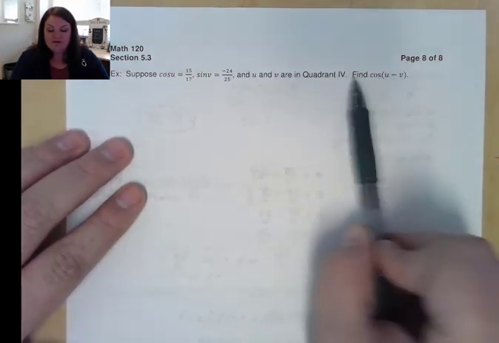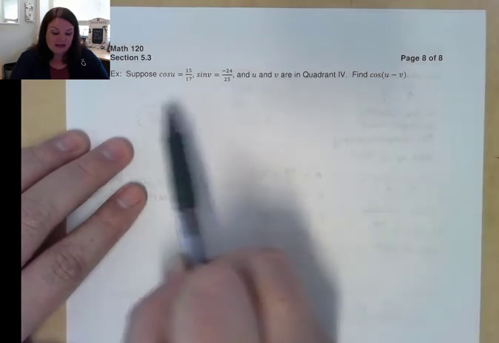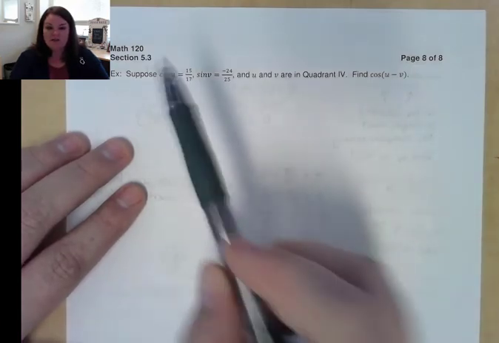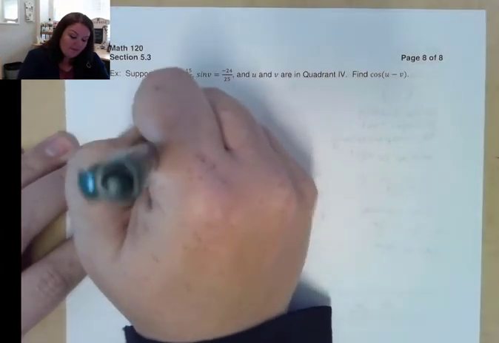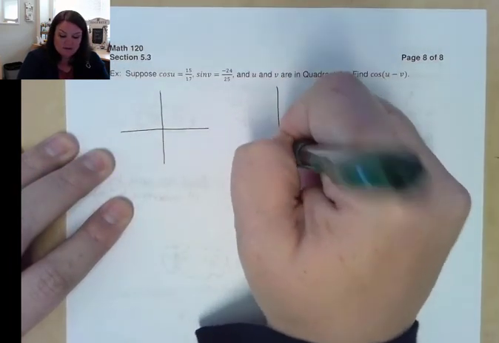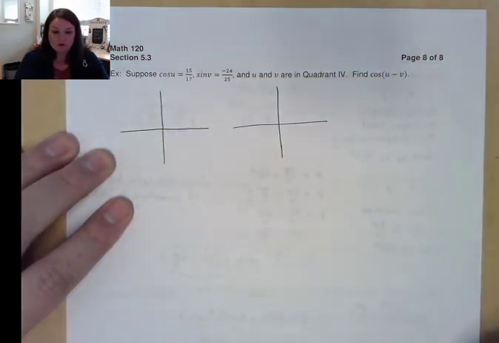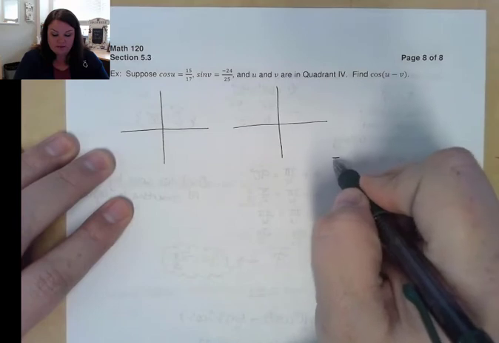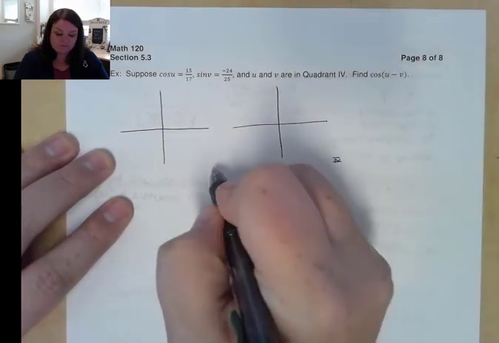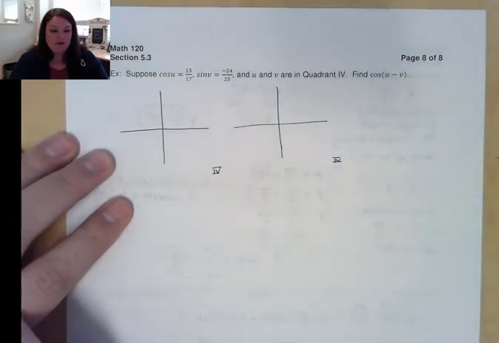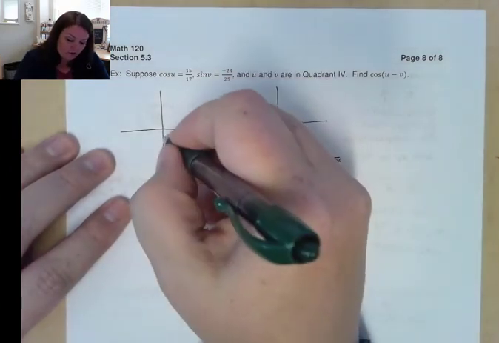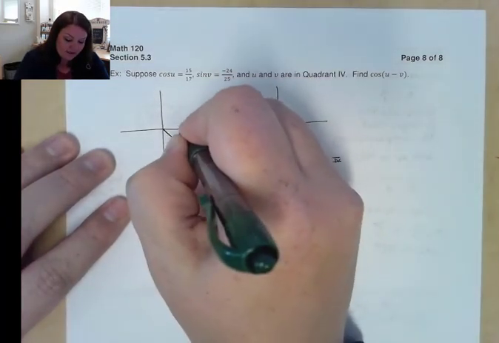Okay. Now before I can find this, I need to make sure I fully understand these two. So the first thing they tell me is that both of these angles are in quadrant 4. Remember, quadrant 4 is down here, right? This is quadrant 4. So our U angle is somewhere down here in quadrant 4.